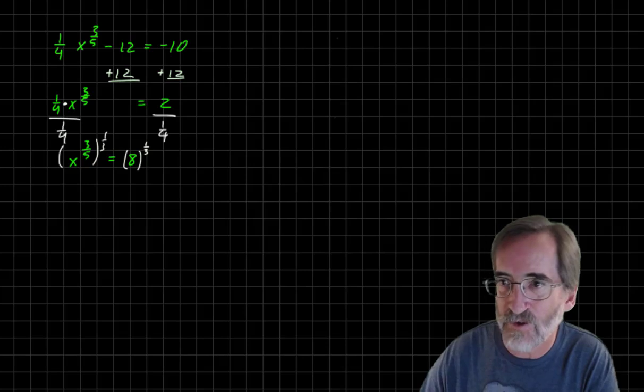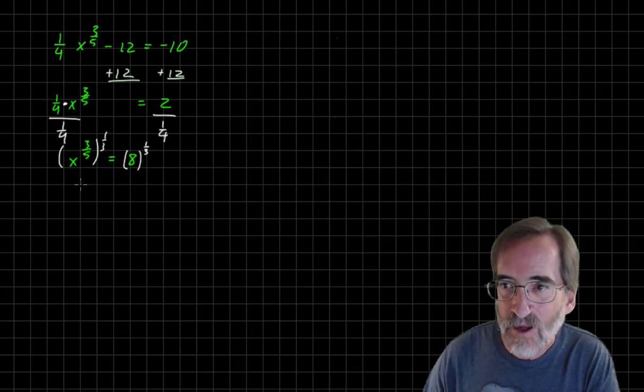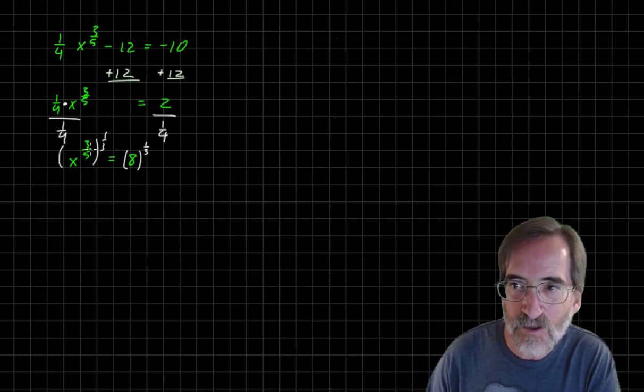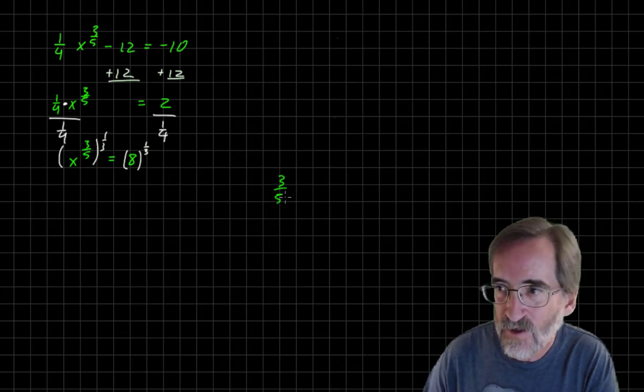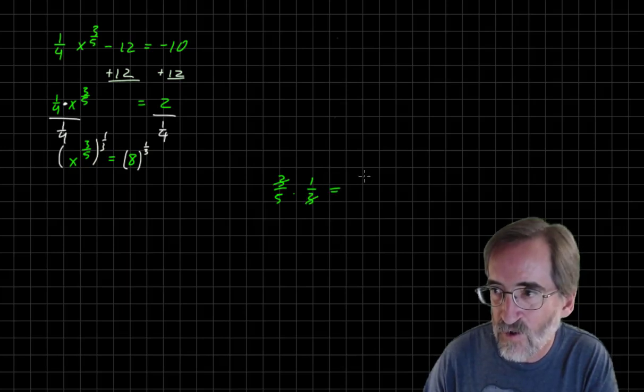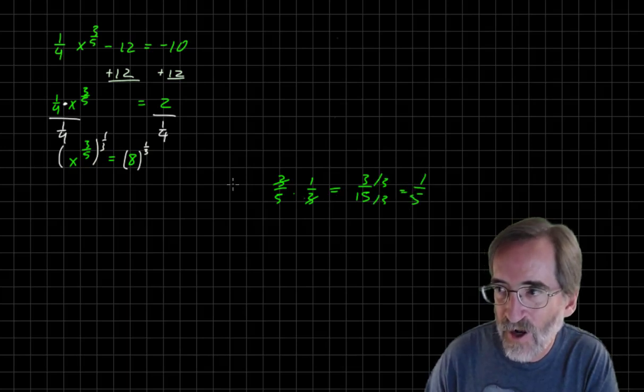I think it's simpler to understand. So 1/3 of 3 is 1, so 3/5 times 1/3, the 3's cancel, or if you don't cancel, 3 over 15 reduced by 3, and you get 1/5 no matter how you work it.